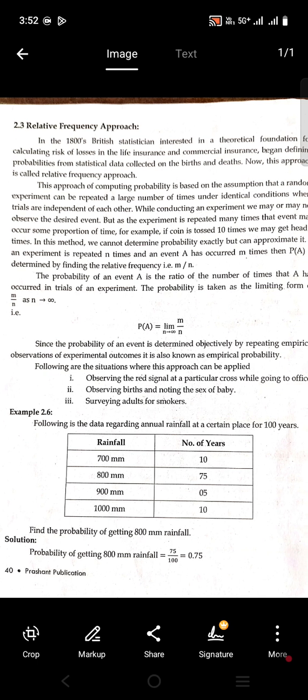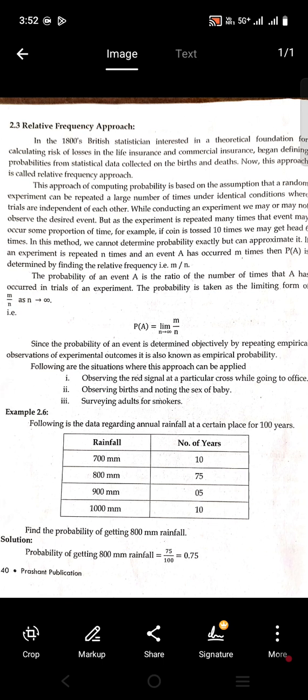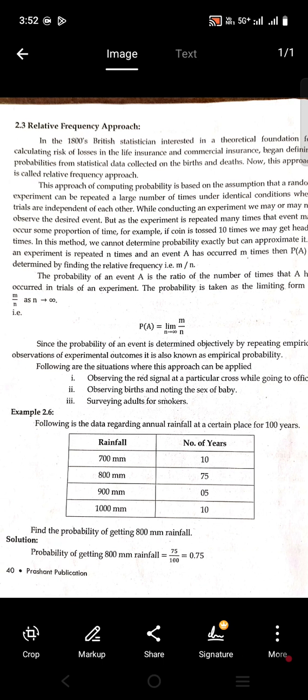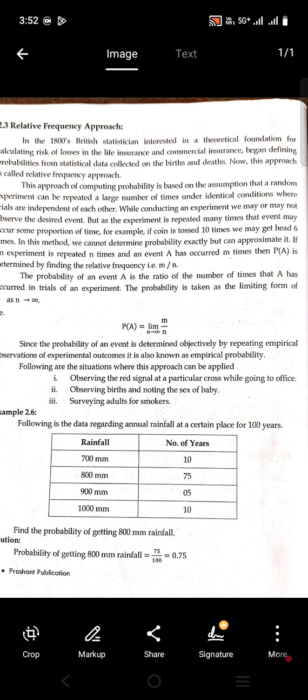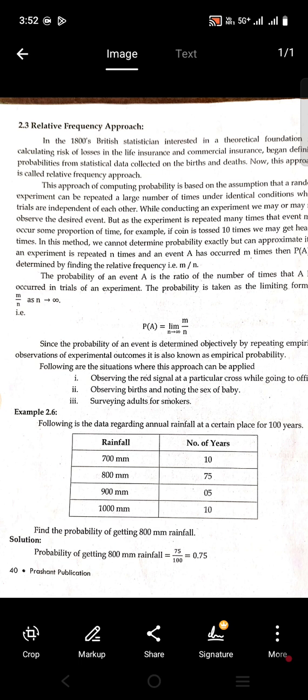This approach of computing probability is based on the assumption that a random experiment can be repeated a large number of times under identical conditions, where trials are independent of each other.